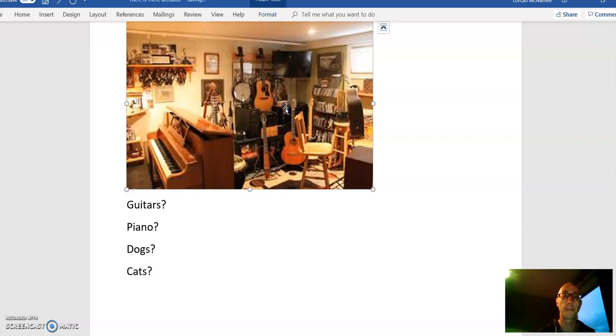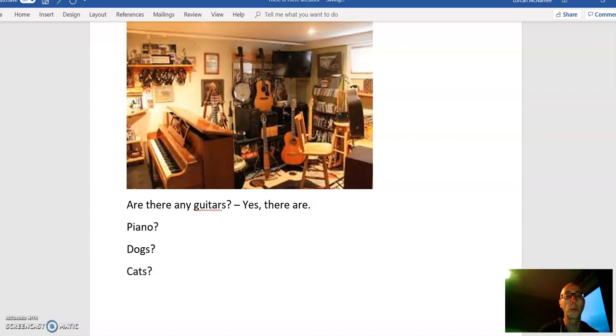Let's look at this picture here. Let's make a question with guitars. Because it's plural, we use are there any guitars? And the answer is yes, there are.